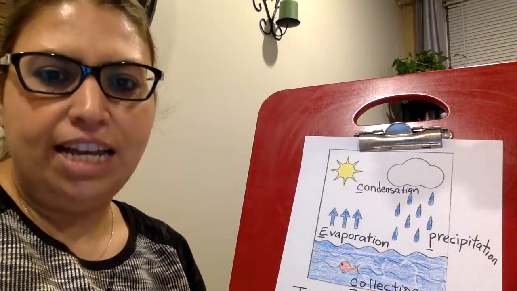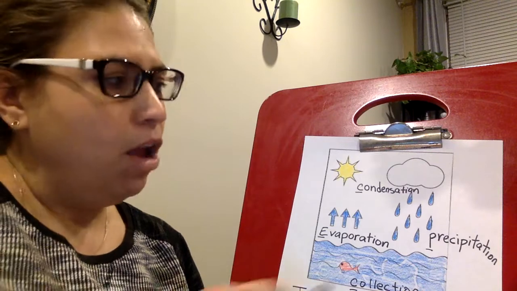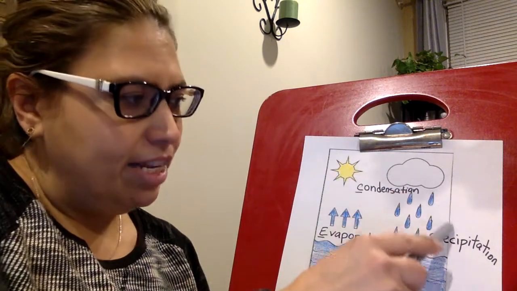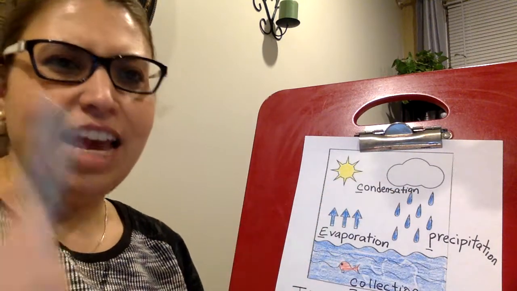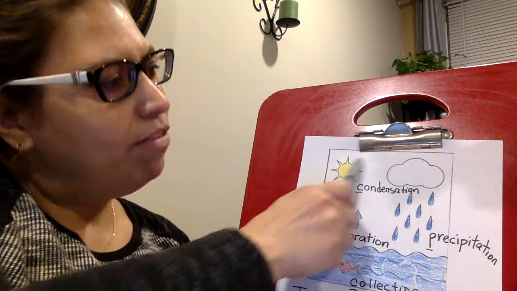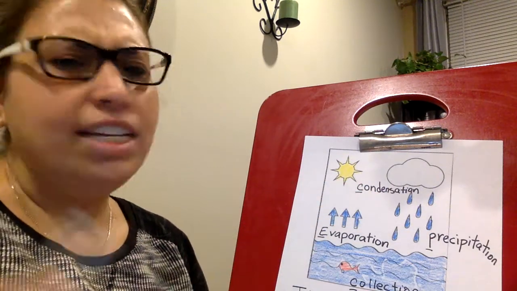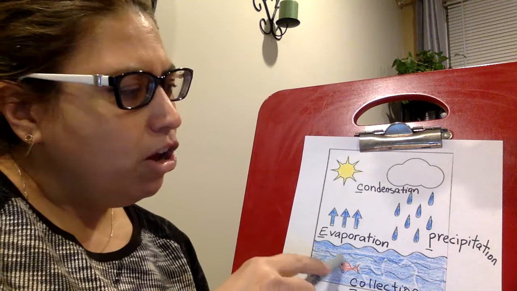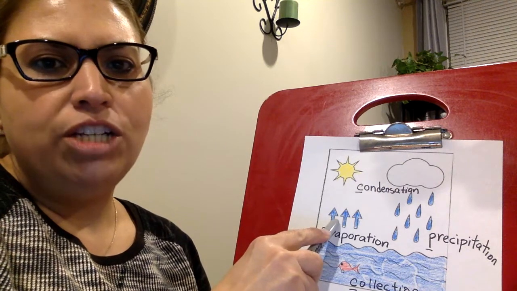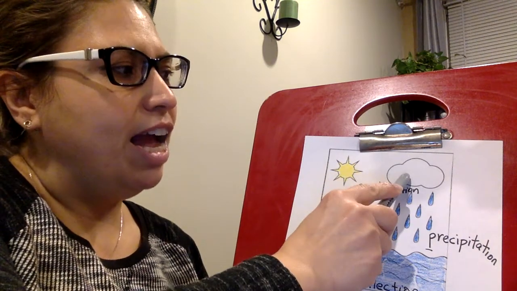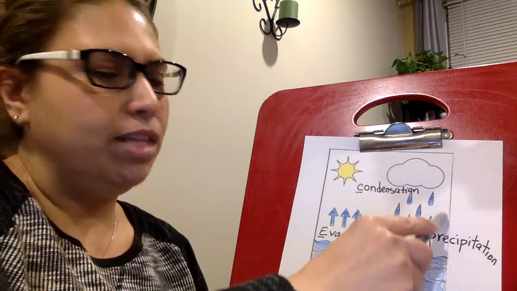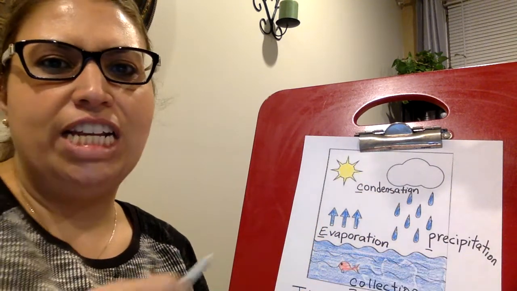Yes, it does. Yes, it does. Water travels in a cycle. Yes, it does. Yes, it does. It goes up as evaporation, forms clouds as condensation, and comes down as precipitation. Yes, it does.